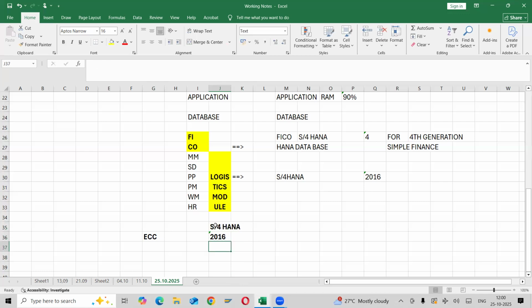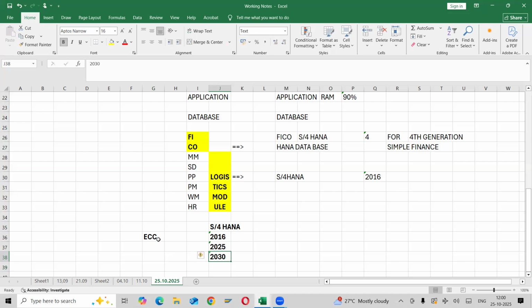It was given that by 2025 they need to move from ECC to S4 HANA, from the old product to the new product. But because of the pandemic, it has got extended to 2030. This is the latest.